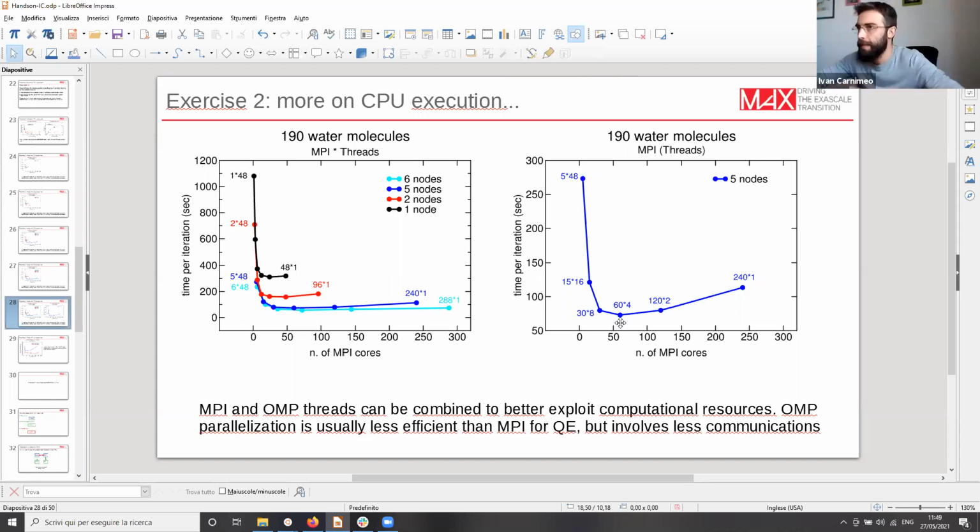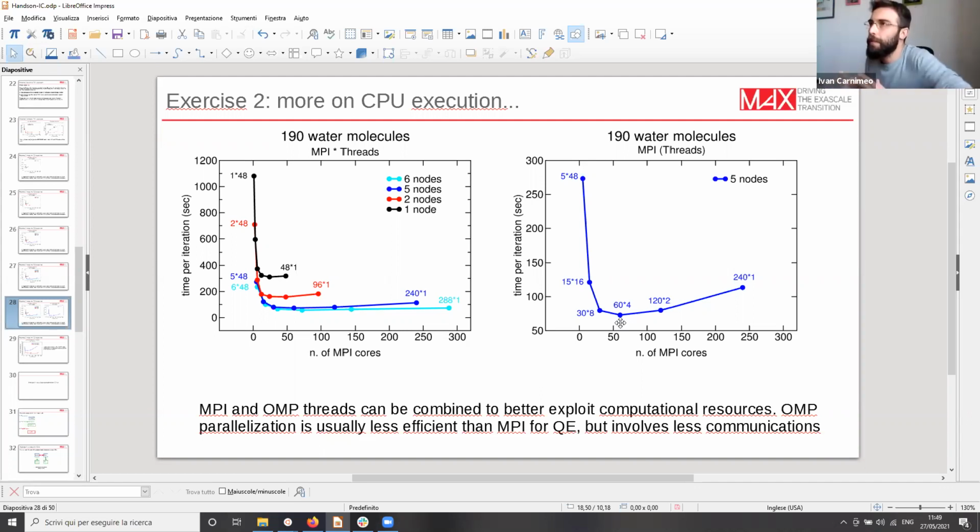So why is that? As we said, MPI is very good because it can distribute memory and it is very efficient, but there is this drawback that it involves communications. The more MPI processes we use, the more communications will grow, and if we use too many processes, communications will start to reduce the computational efficiency.